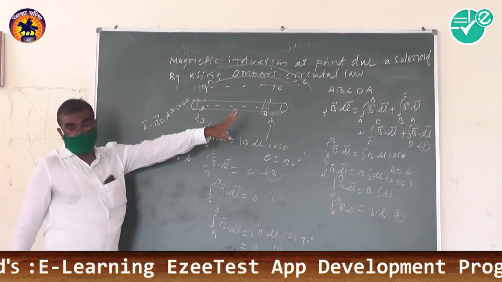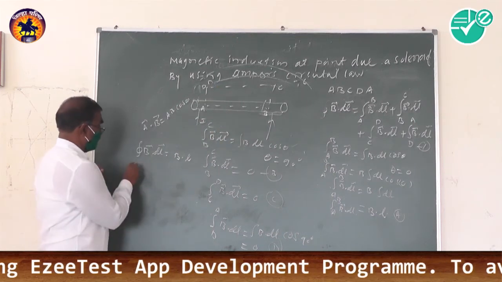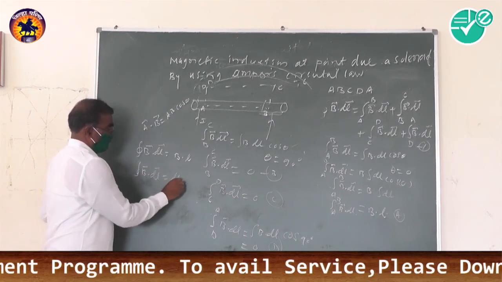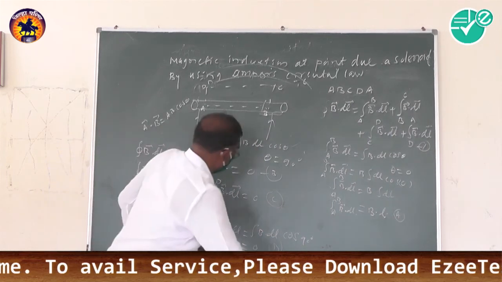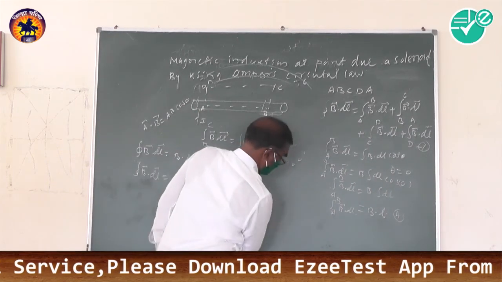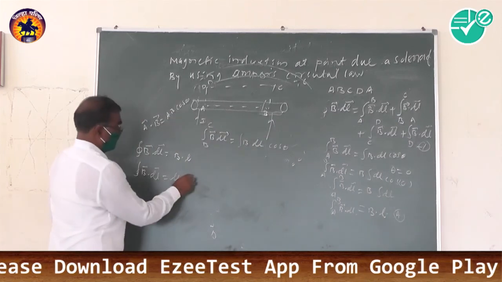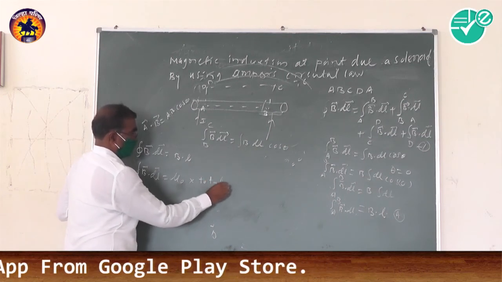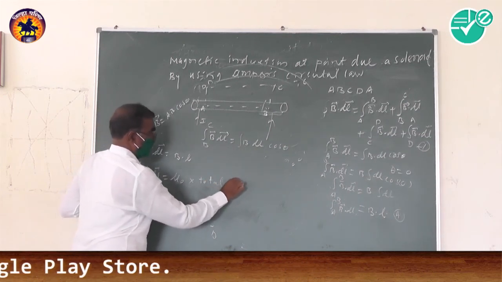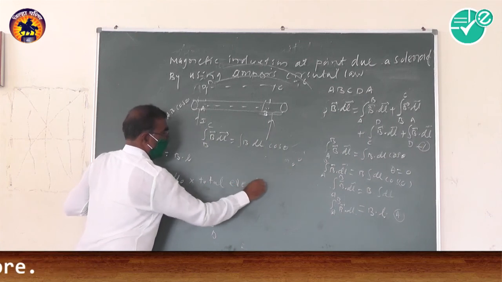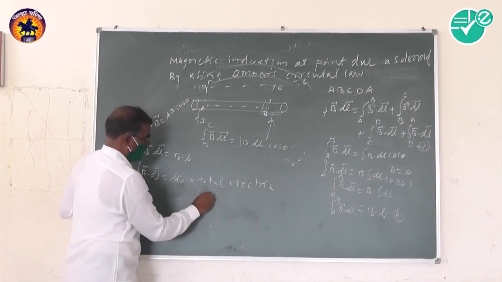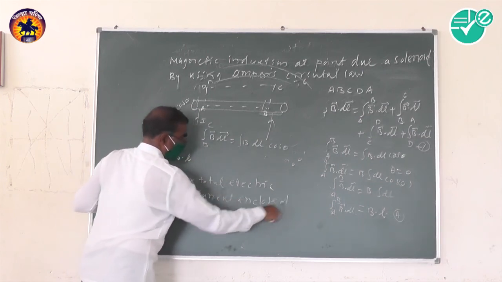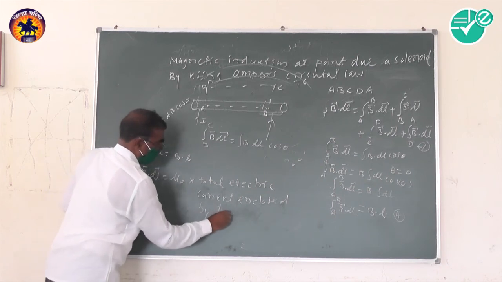According to Ampere's circuital law, the line integral of the magnetic field B dot dl equals mu 0 times the total electric current enclosed by that closed path.